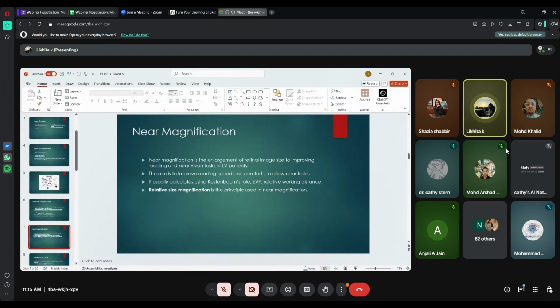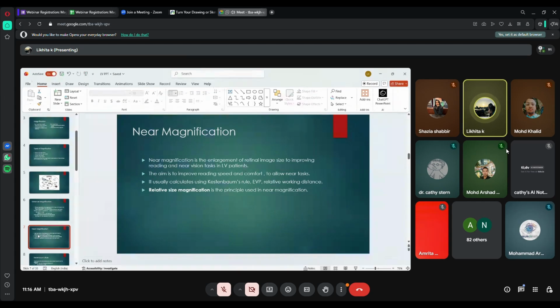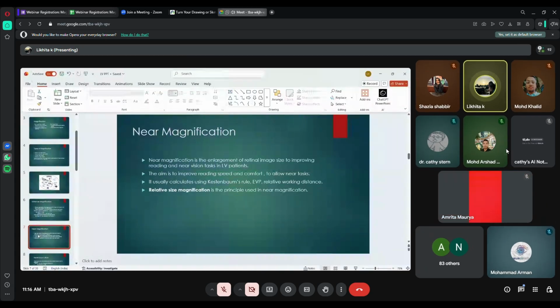It's the enlargement of the retinal image size to improve reading and near vision tasks in LV patients. Near vision tasks like writing, reading, mobile use, or reading prescriptions or any labeling on tablets, something like that.